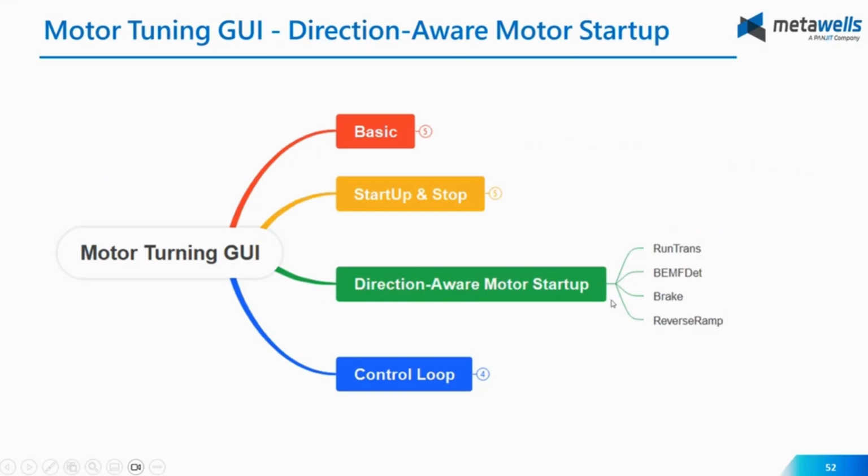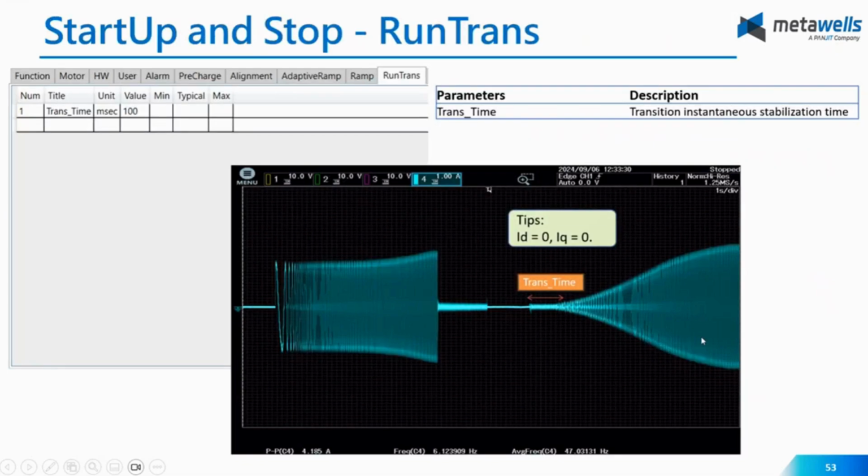To finish up the parameter overview, let's dive into the direction-aware motor startup feature in the motor tuning GUI. Actually, this part is more complicated. First, let's take a look at the long trans state.